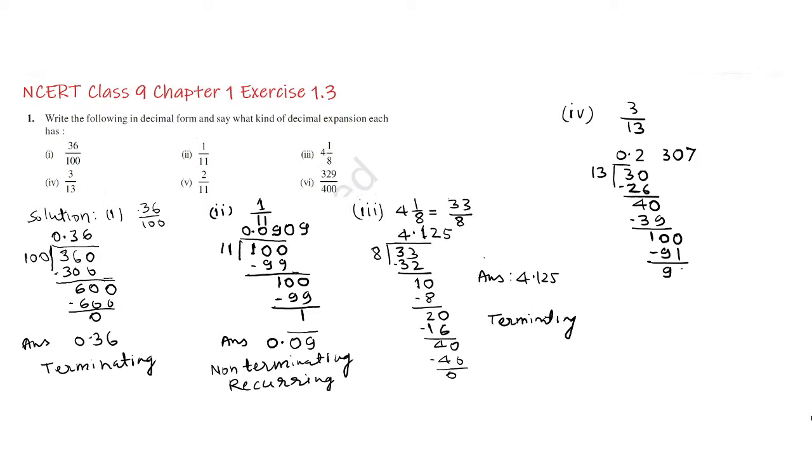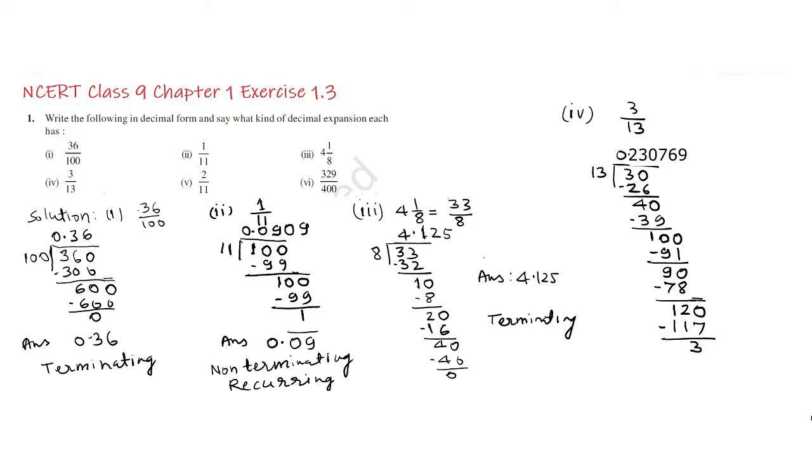We carry 0 again. It goes for 6 times. 13 times 6 is 78. On subtracting, we get 12. We carry 0 again. It goes for 9 times. 13 times 9 is 117. And we have the remainder 3.